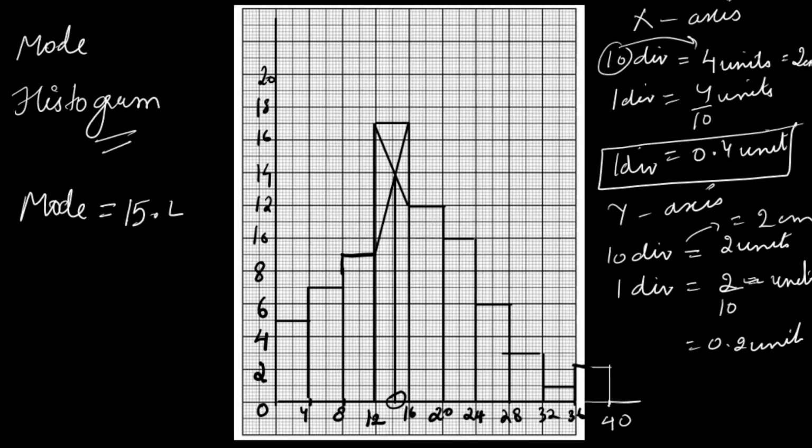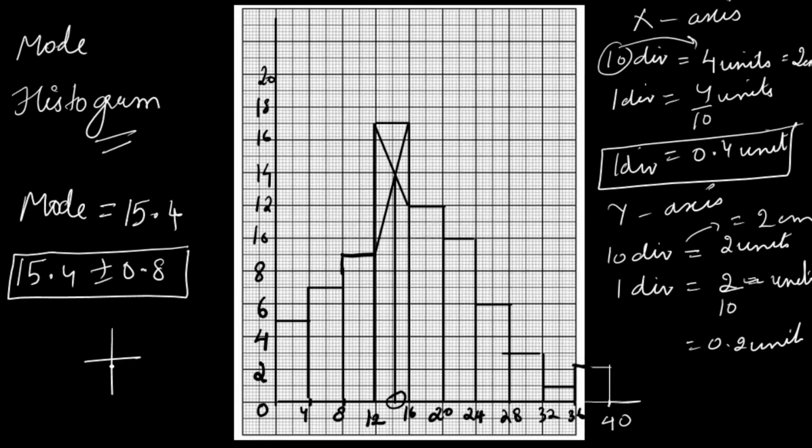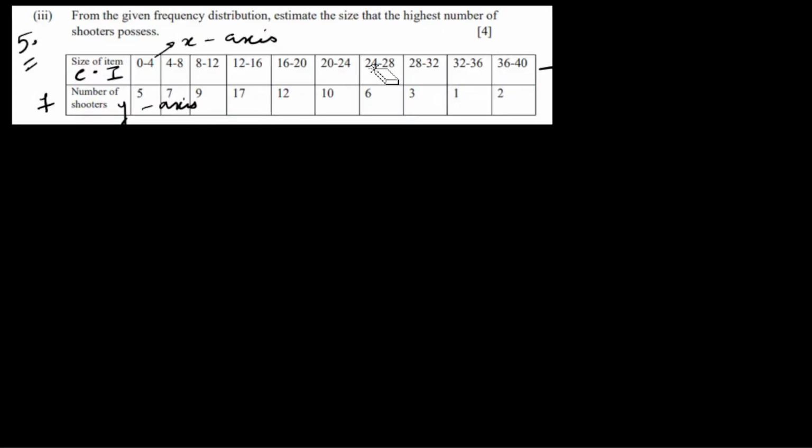So 15.4 plus minus, so because 0.4 plus minus 0.8 is acceptable. So two divisions here and there. If we are getting mode, so two divisions here and there is acceptable like this. 15.4. Okay. So 15 and 15.4 you will be getting. So that's correct. So I hope everyone is getting the same answer. 15.4. Okay, so that's correct.